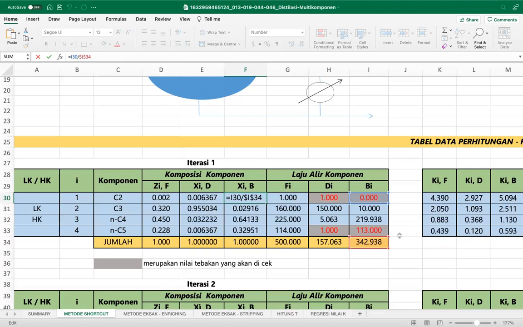Tomorrow or maybe next week, I'm going to explain the tray column design, so about the equipment. We're going to do equipment design, like how many trays we need, what type of trays, how long the height of the tower is, and how to design a good distillation tower.